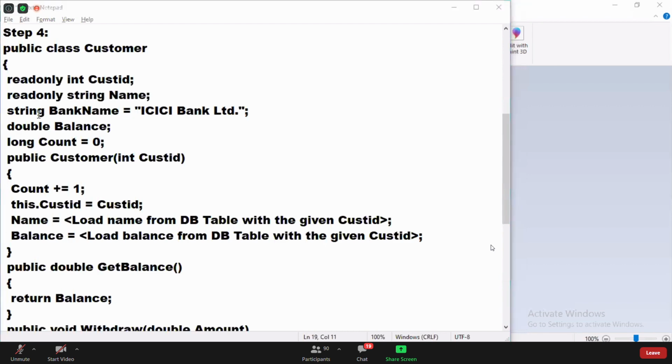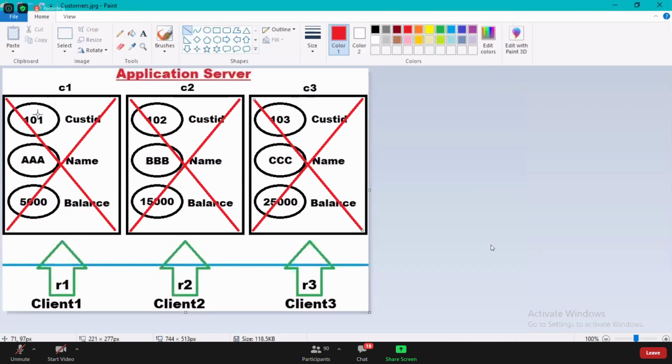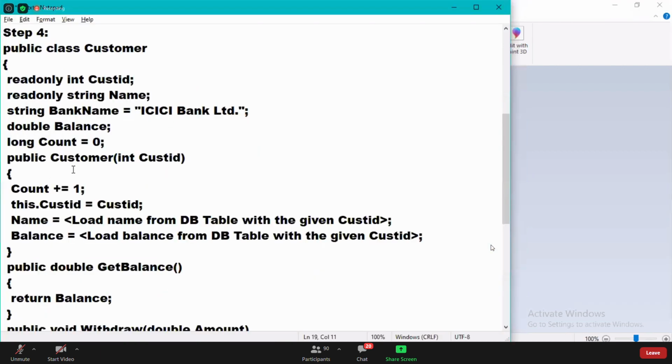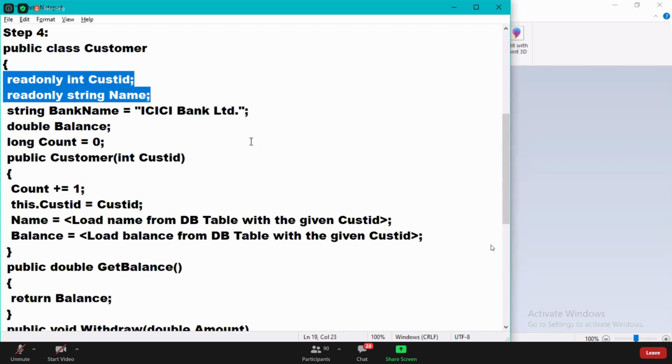Someone again telling static. When you see multiple copies, how are you telling static here? Static and constant are single copies. You see three copies there and you were telling static and constant. Yeah, this is also read-only. Why? In an ATM, you cannot modify customer ID and name.